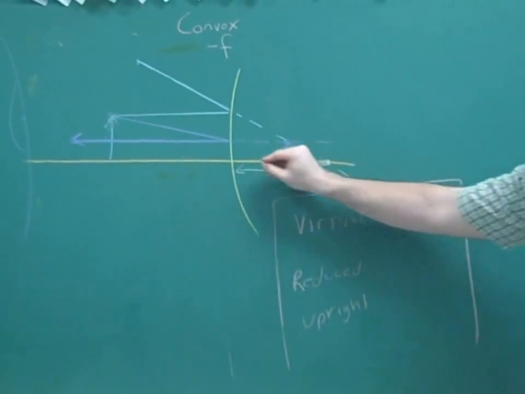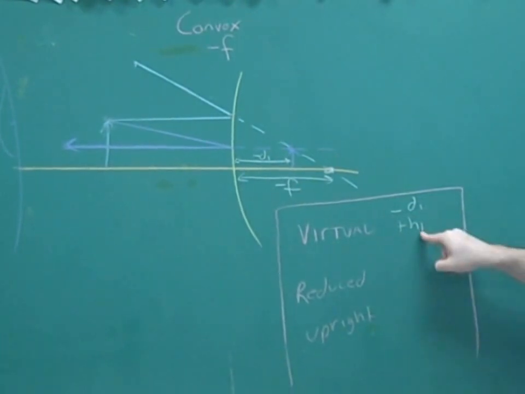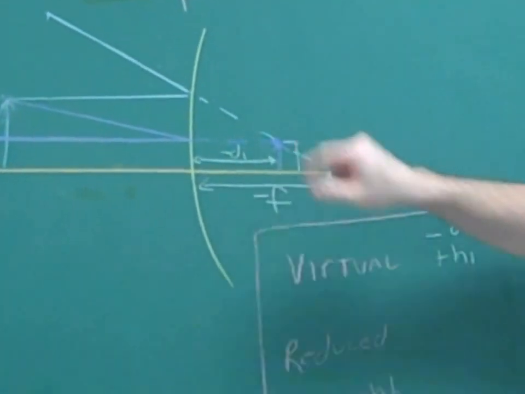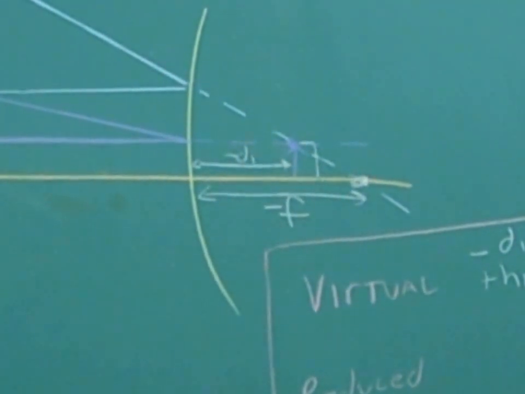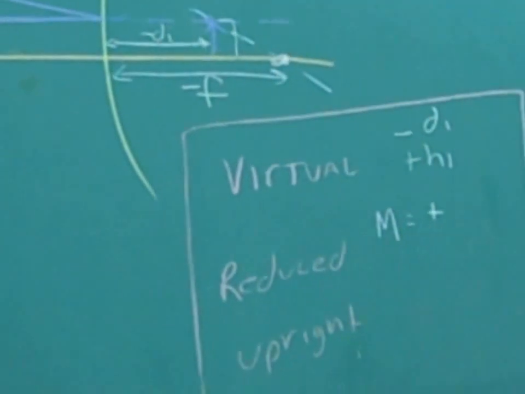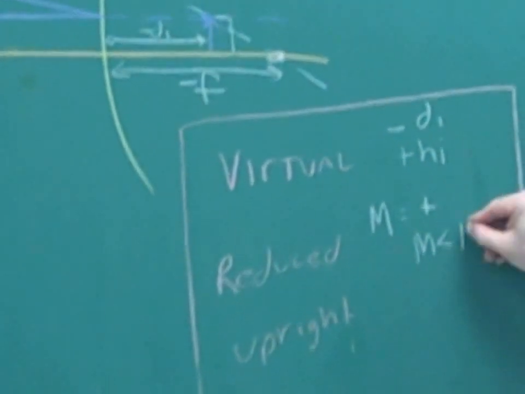Negative image distance, that's this right here. And you're going to have a positive image height, that little bit right there. Reduced means that M is going to be a positive value, positive because this is upright. And in this case, M is going to be absolute value less than 1.